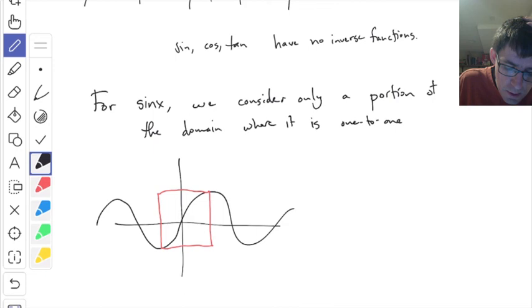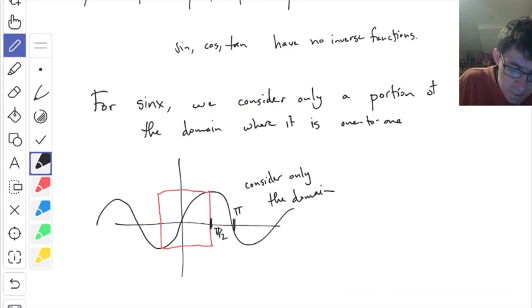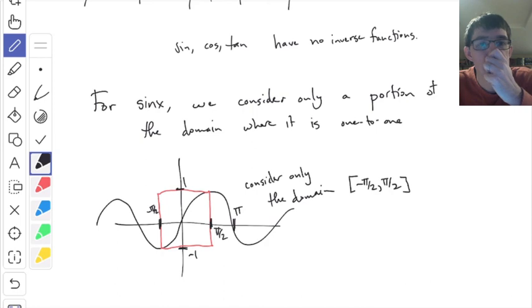We're going to consider only the domain from minus pi over 2 to pi over 2. I'm using radians, of course. And of course the range, if you care, is minus 1 to 1. And on that domain, we can take the inverse.